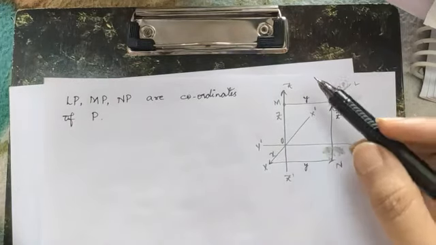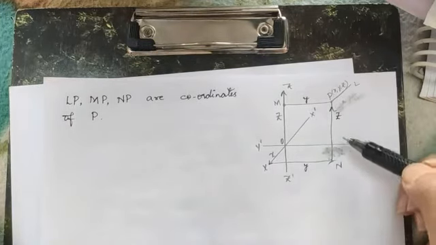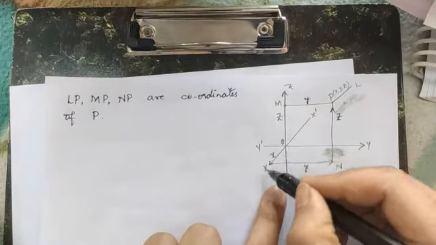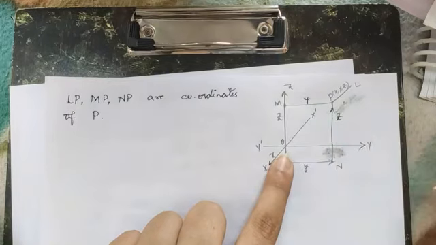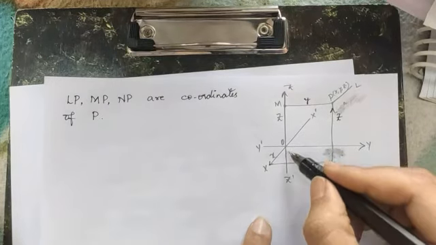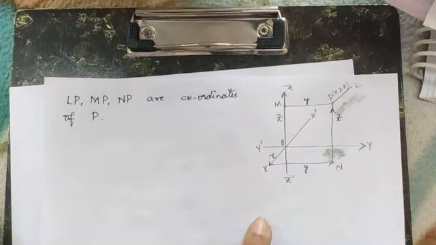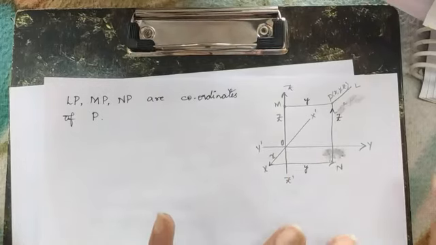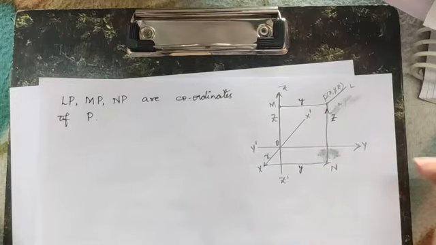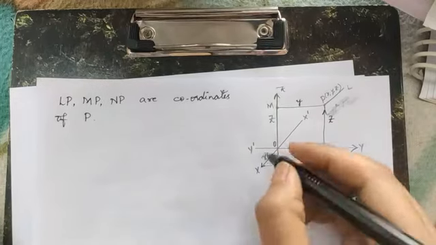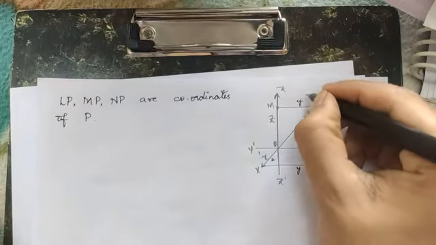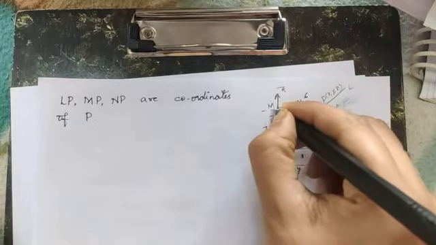The XYZ coordinates are positive along the OX, OY and OZ axes, and negative along OX', OY' and OZ'. One more important thing you can observe here is that the three coordinate planes divide the space into 8 compartments, that is 1, 2, 3, 4, 5, 6, 7, 8.